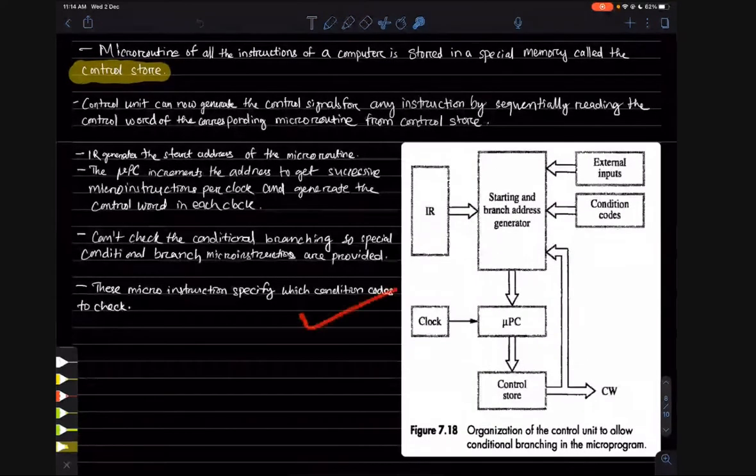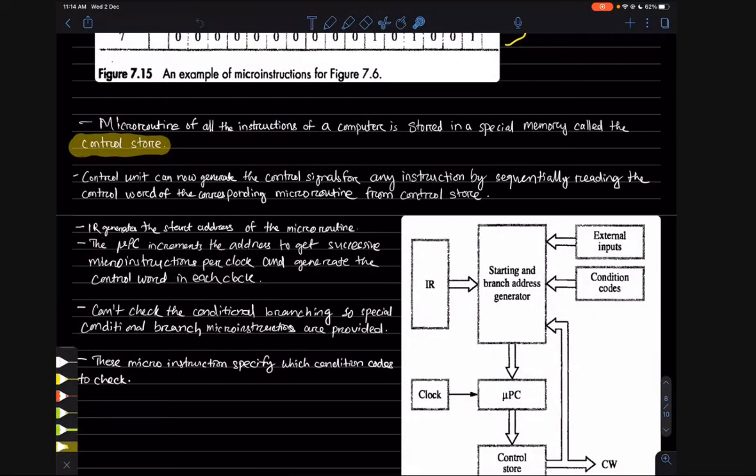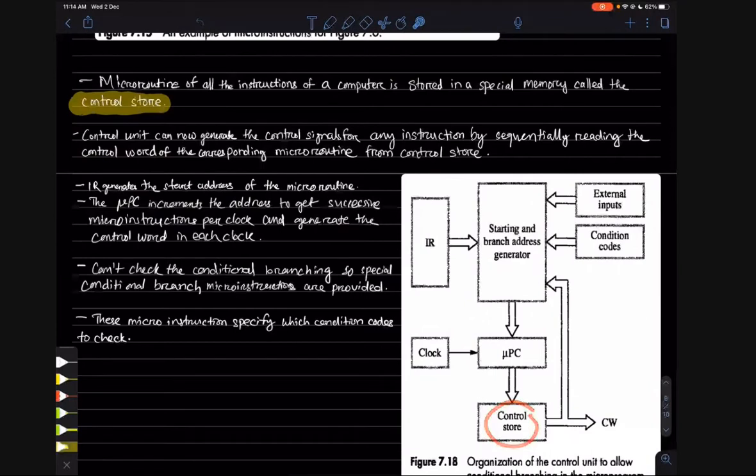This is over. The control unit can now generate control signals for any instruction by sequentially reading the control word of the corresponding micro routine from the control store. From the control store, it can sequentially read the micro instructions, and it will generate the control word row by row for every clock cycle.